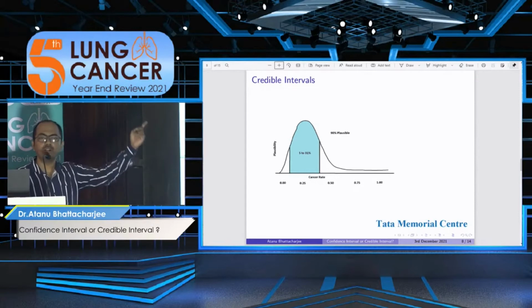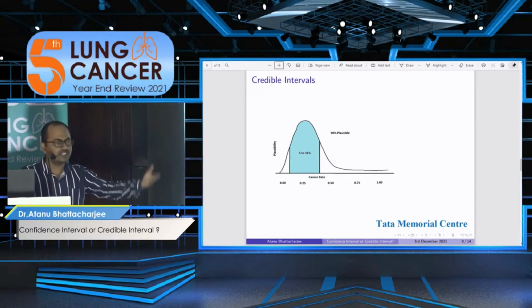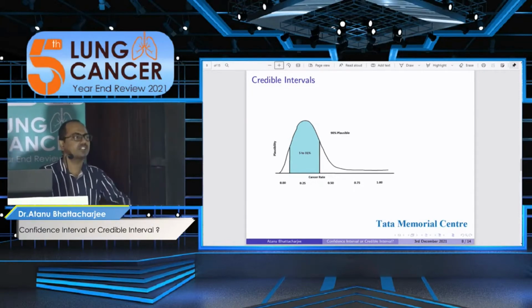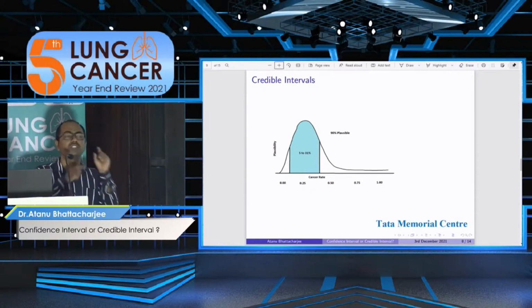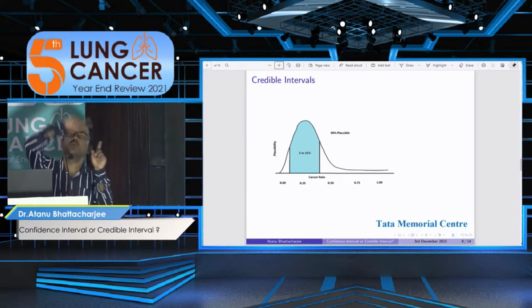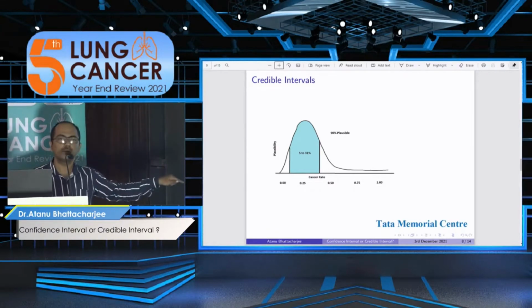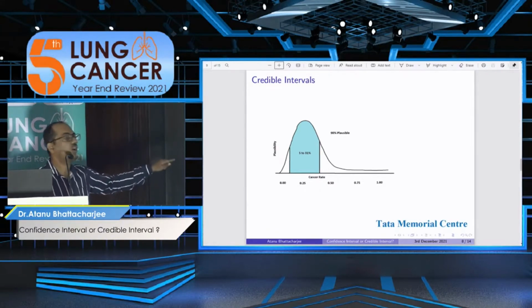It may come from a beta distribution or a binomial distribution; a number of distributions are there, I am not going into details. But if it is a particular distribution, what is the standard deviation going to be along with it? So we are talking about the fluctuation of that distribution, not about the data, because in the case of data and confidence intervals we are extrapolating, but here we are not extrapolating. Here we are talking about the distribution itself.